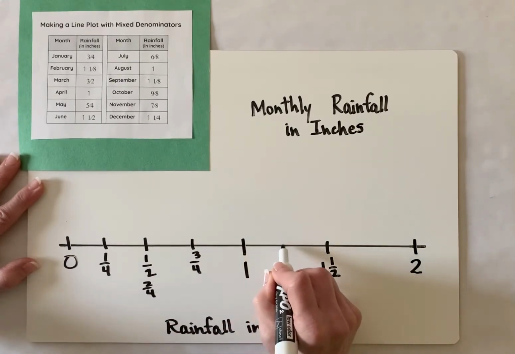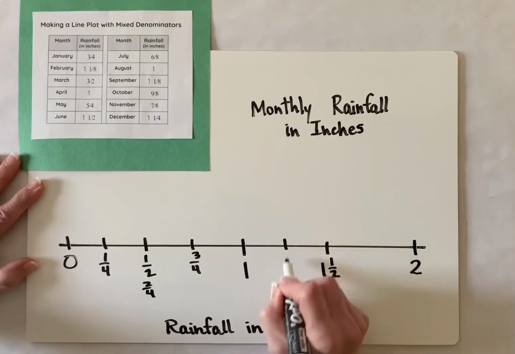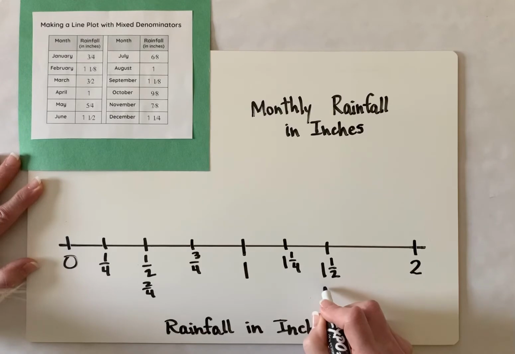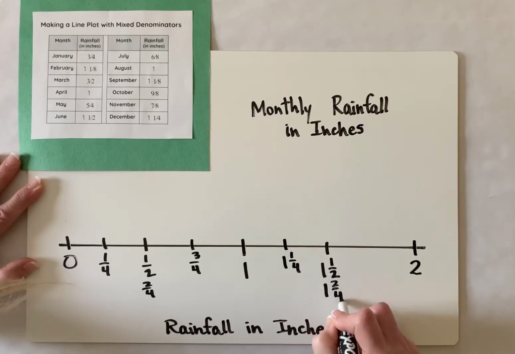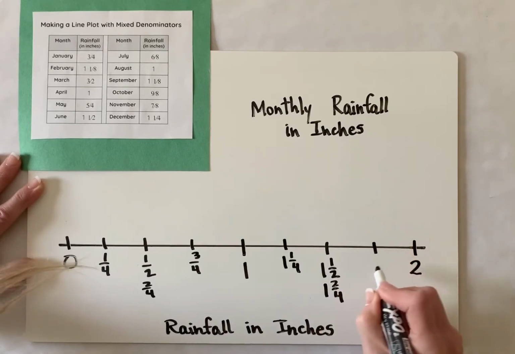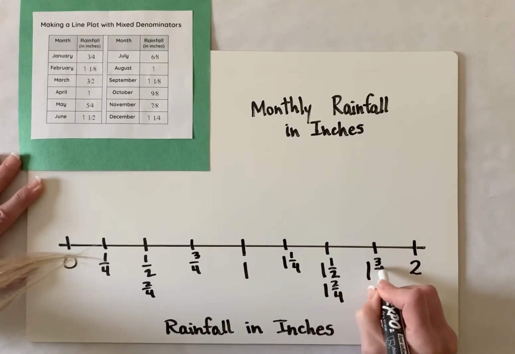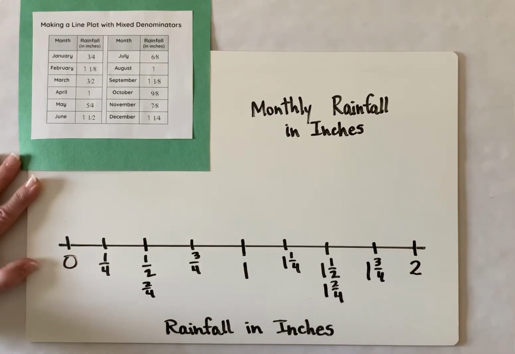And 1. This would be 1 1/4. 1 1/2, or we could also call that 1 2/4. And then this would be 1 3/4, and then 2.